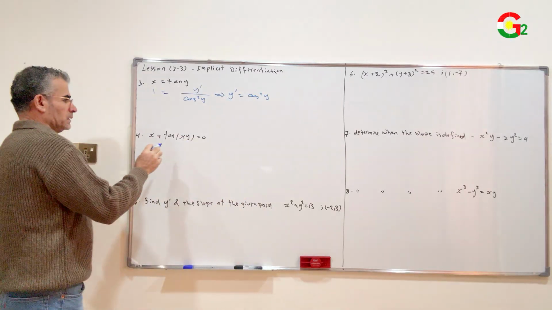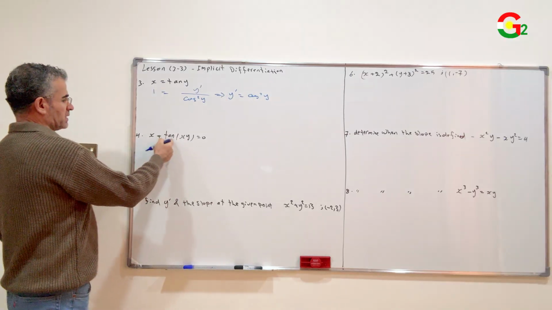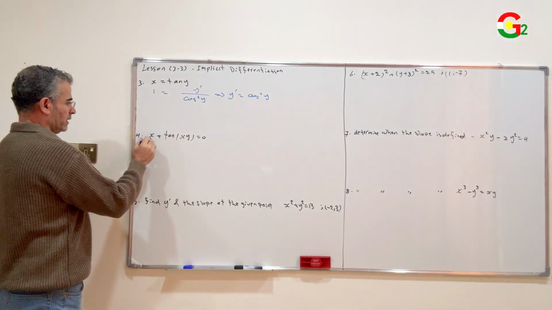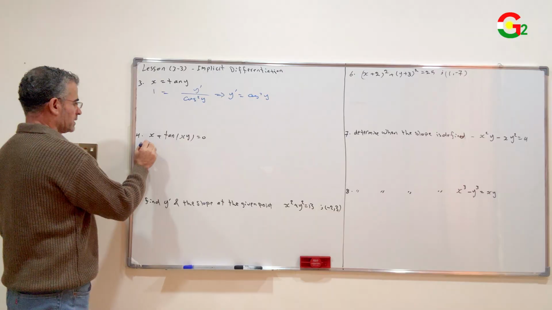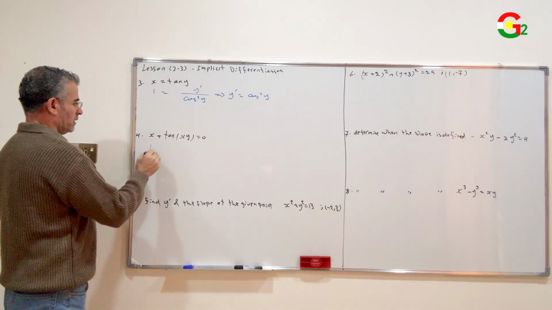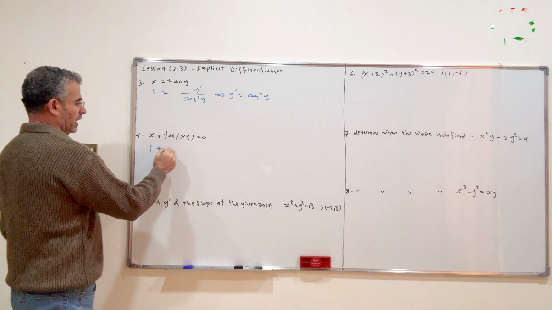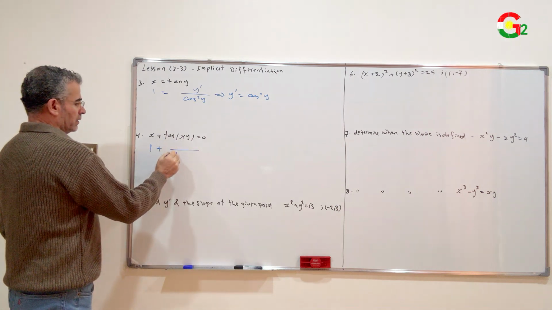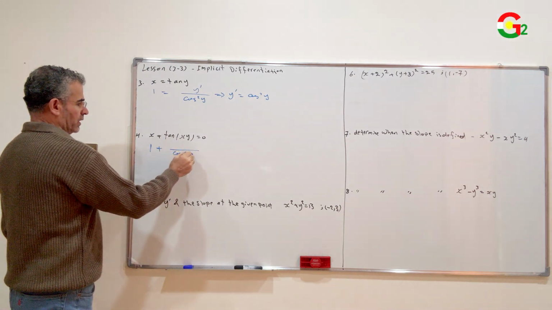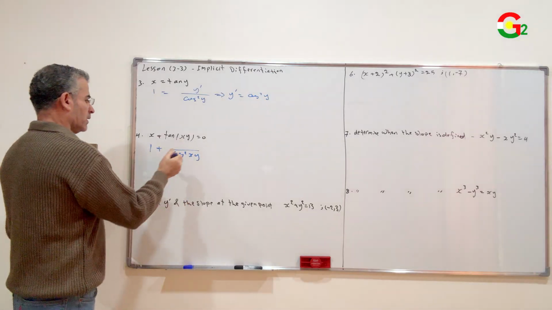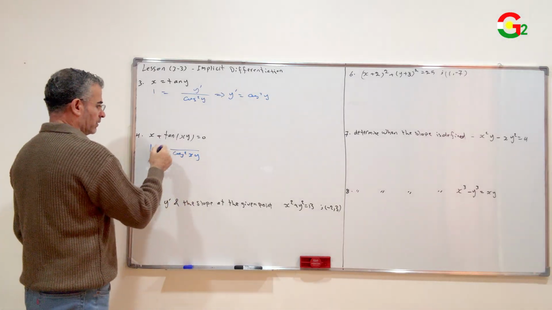Question number 4. x plus tan xy. Differentiate both sides with respect to x. Derivative of x is 1 plus the derivative of tan, it is cosine square xy in the denominator, and the derivative of the angle in the numerator.